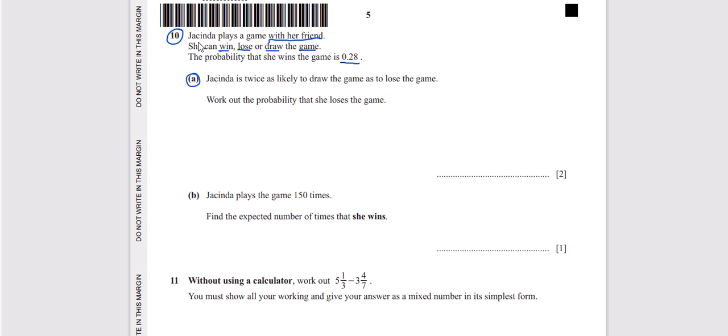Part A. Jacinda is twice as likely to draw the game as to lose the game. Work out the probability that she loses the game. Let x be the probability of losing the game.